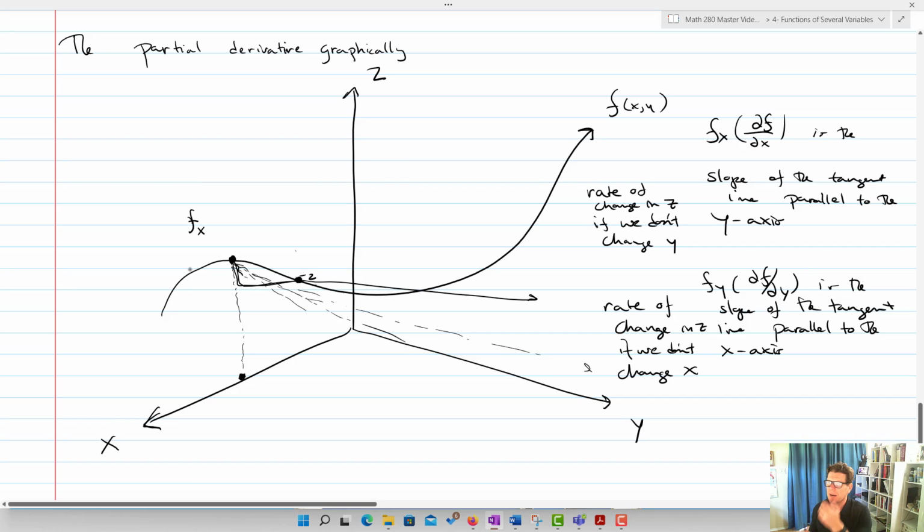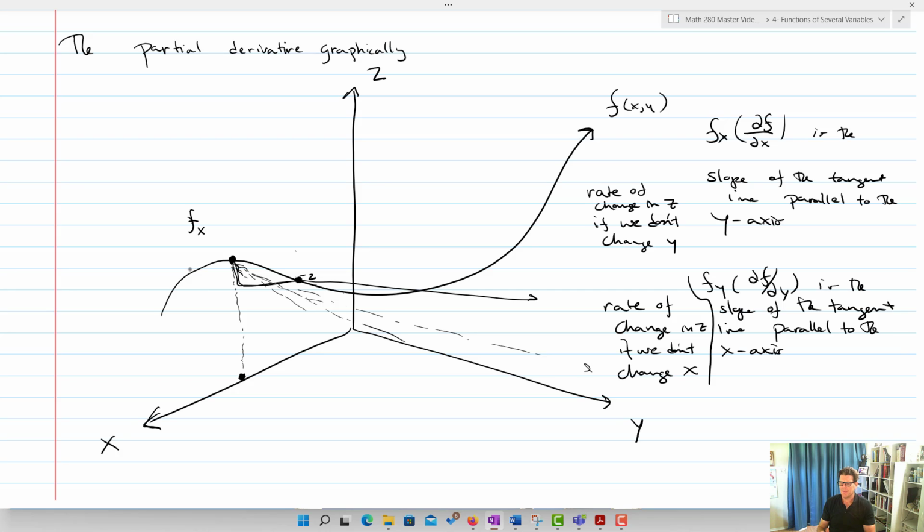If we step back, when we work with vectors, inside a vector you always have an x component and a y component, an x part and a y part. Same thing here: we have a rate of change committed to the change in x, and a rate of change committed to the change in y.